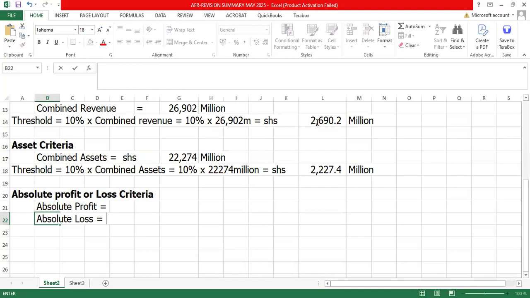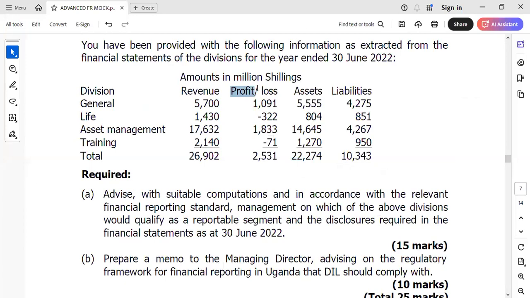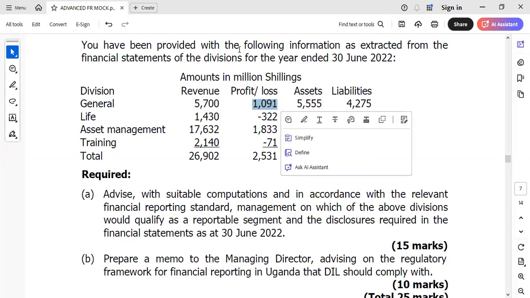Okay. Now go back to your profit or loss. Pick the profit separately. Also pick the losses separately. You aggregate. So we are going with absolute profit. We are going to get 1,091. Then we add 1,833.